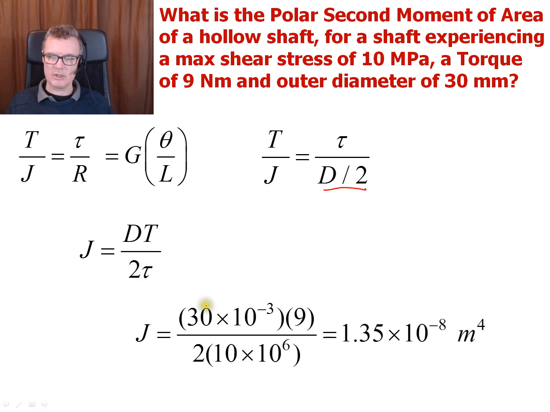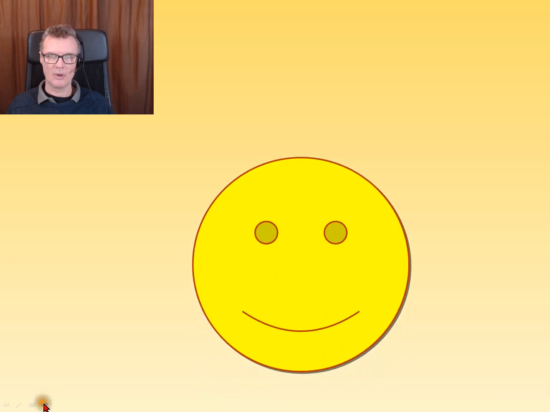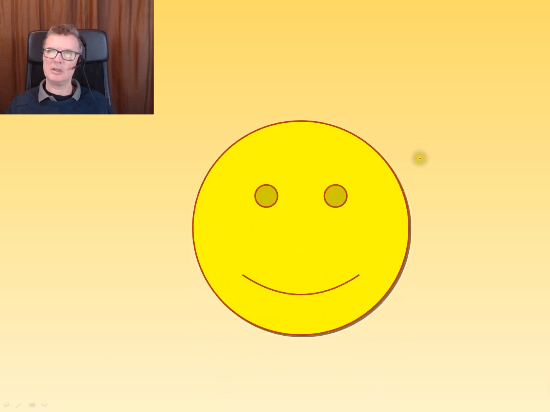So we can just substitute in our values now. So we know the outer diameter, we know the amount of torque, 9, and we know the maximum shear stress we can have is 10 megapascals, so 10 megapascals there. So J, put those numbers in, will give me this solution. Okay, so that's my 8 little torsion questions. Hope you enjoyed them.